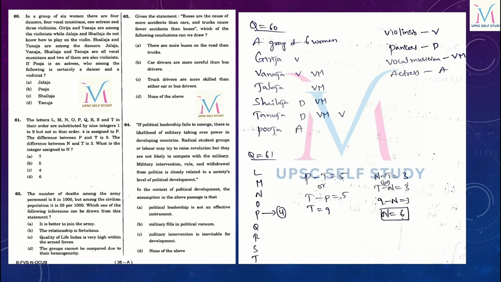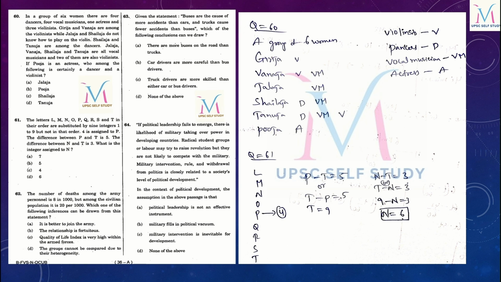We can write it as T minus N also. Since we know T is 9, so 9 minus N is equal to 3. So if we calculate, N is equal to 6.